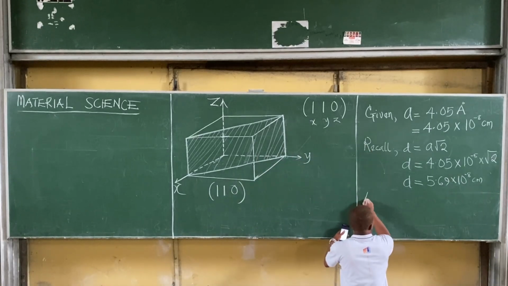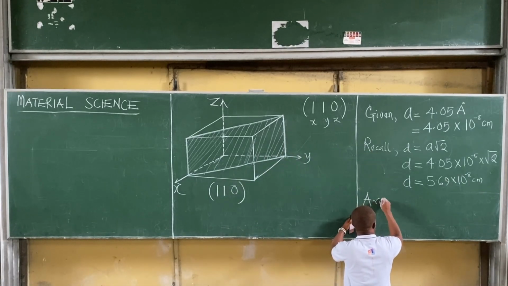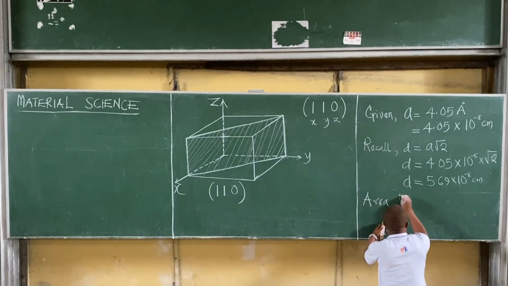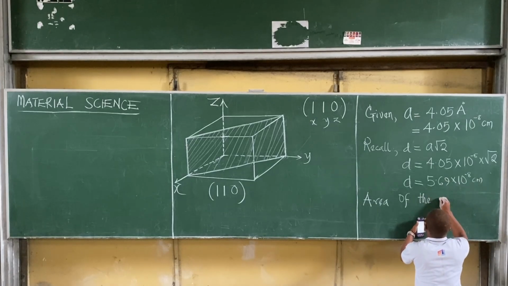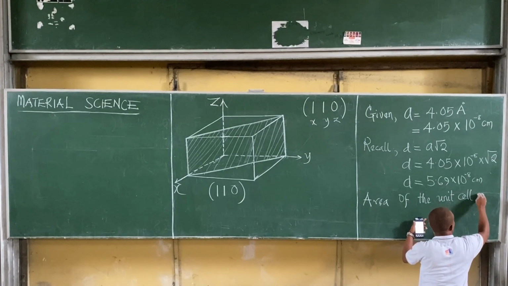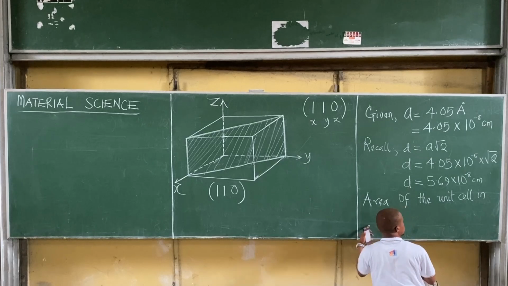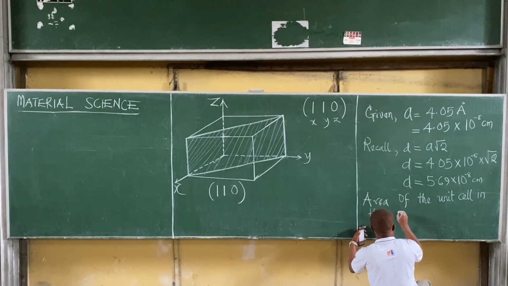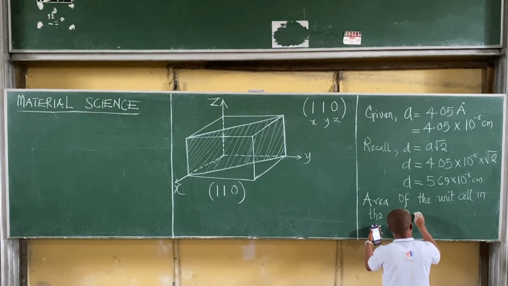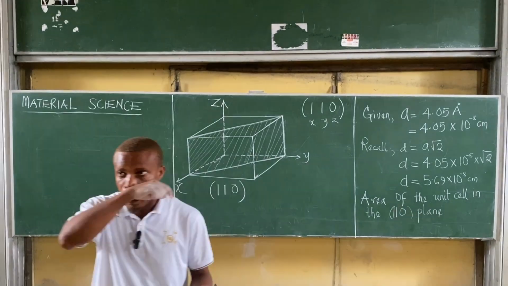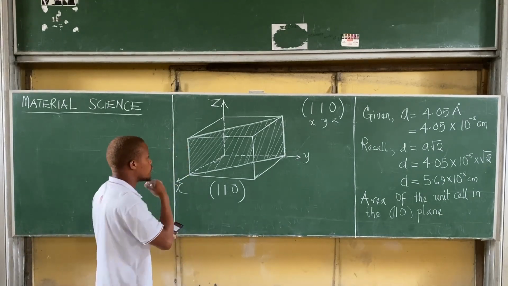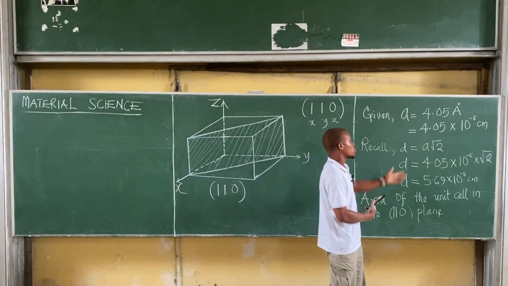We simply say area of the unit cell in... okay, we've gotten the diagonal.